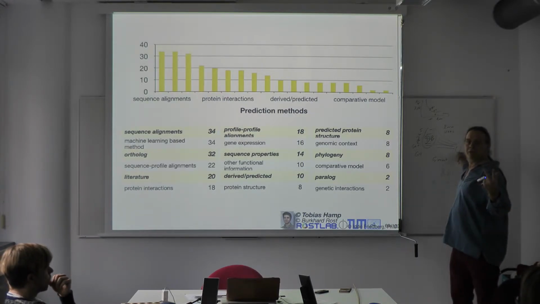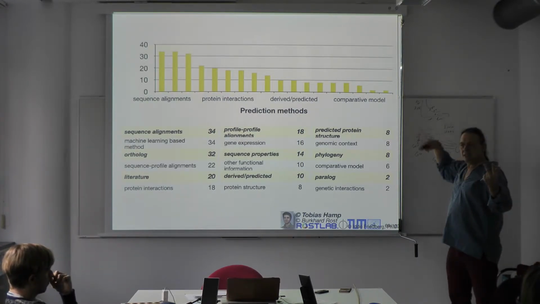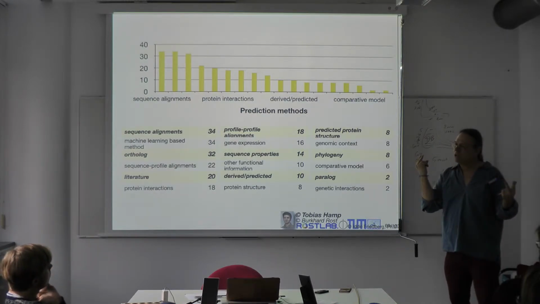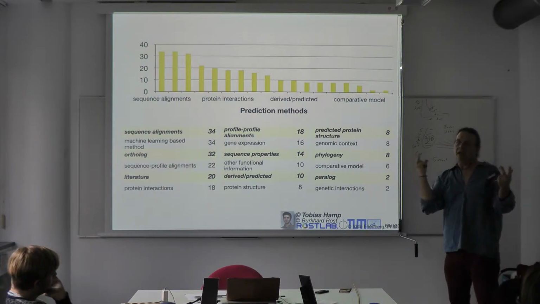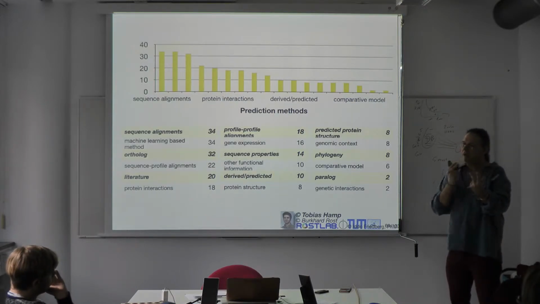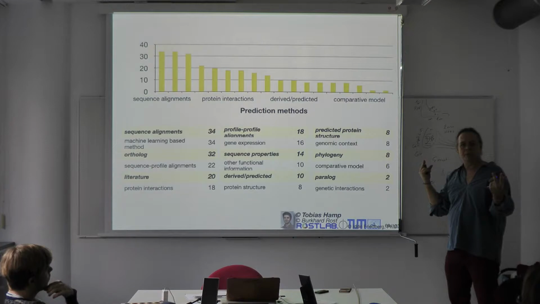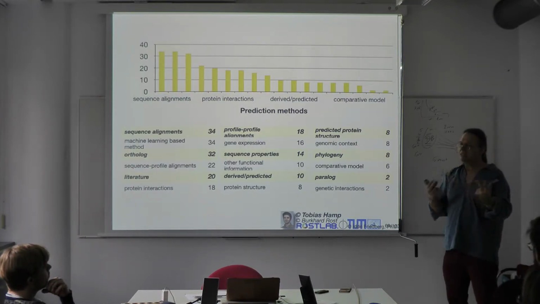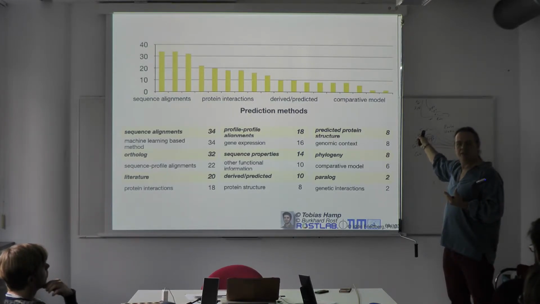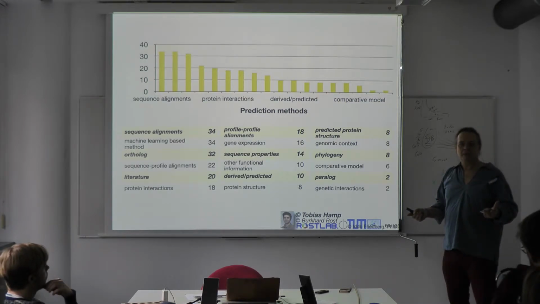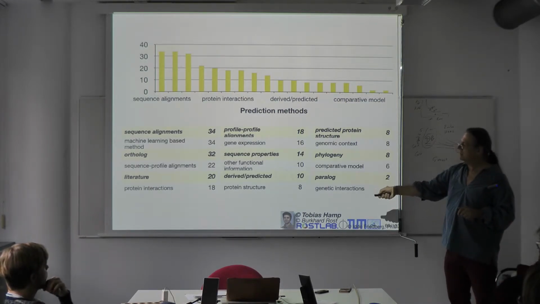Say U is a human protein, and you believe that this E. coli protein has the similar function. Does your human protein have an interaction with the sort of orthologous or the similar proteins in human? If so, then your trust that it is in fact GO5 increases tremendously, right? And that's the rationale behind here.